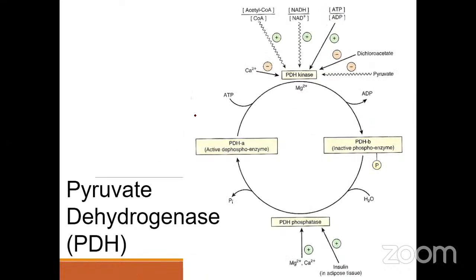Like I've told you about some enzymes, some will be active in dephosphorylated form, and some will be active in phosphorylated form. In the case of the enzymes of glycolysis, active in which form?